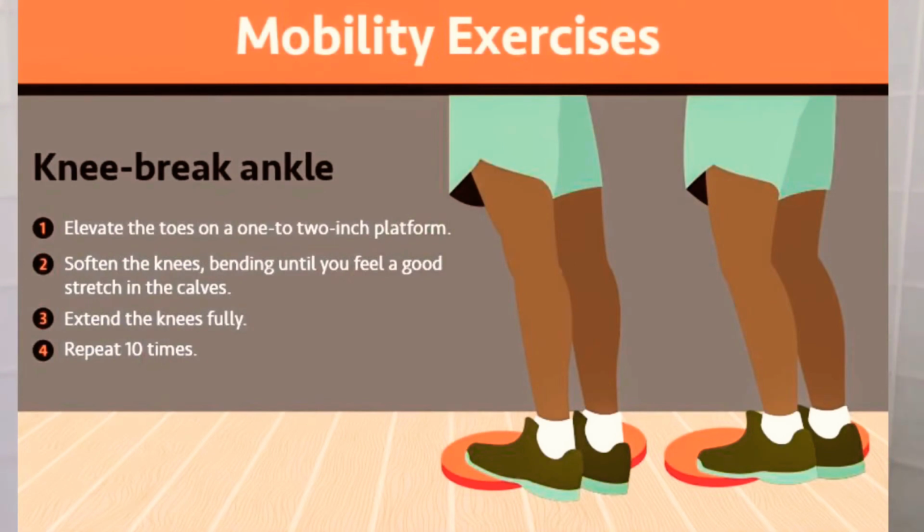When we get into mobility exercises, here's some things you can do, right? Mobility drills are a great way to improve movement within joints, those joints that get a little sticky and just kind of lock up on you a little bit. Mobility exercises differ from static stretching in that they take joints and tissue through a series of movements to increase range of motion.